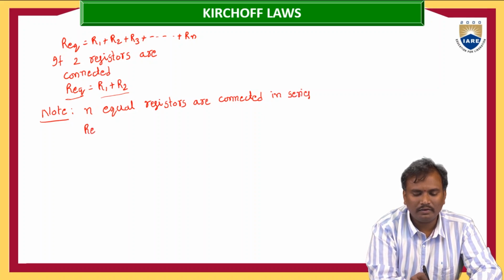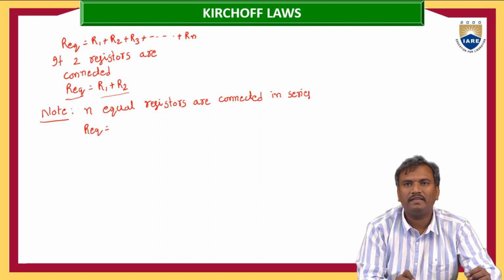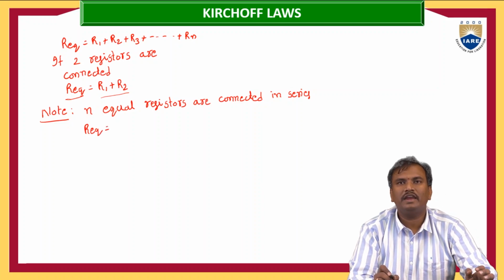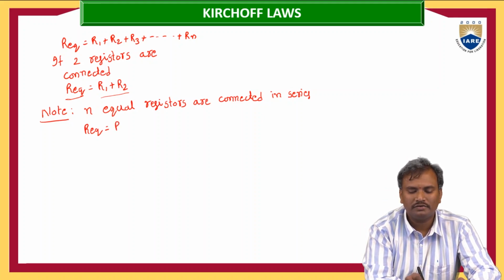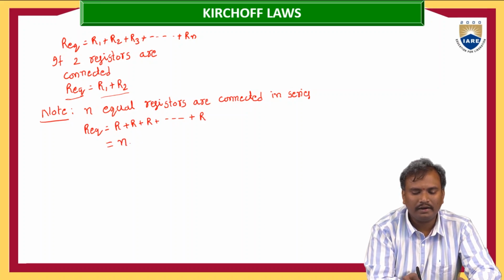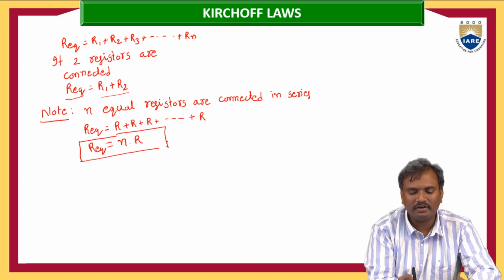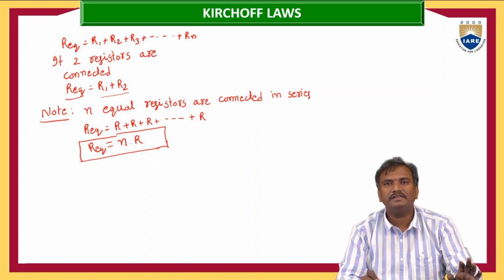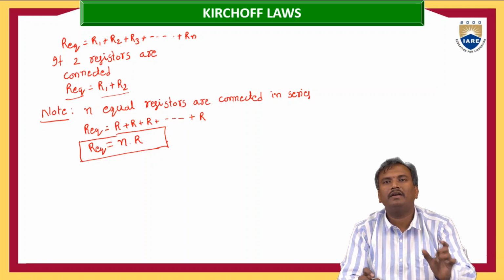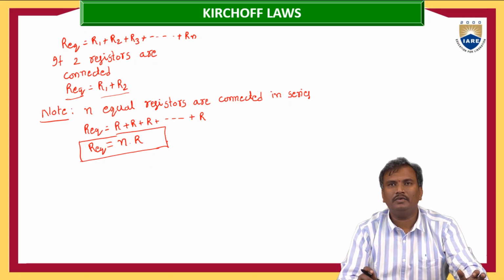Then R equivalent will be, if let us consider that all the resistors are of equal value of R ohms, so R plus R, and so on, that is equals to n times R. So when equal resistors are connected, the equivalent resistance will be equals to how many resistors are connected in series, that number multiplied with the resistance value.